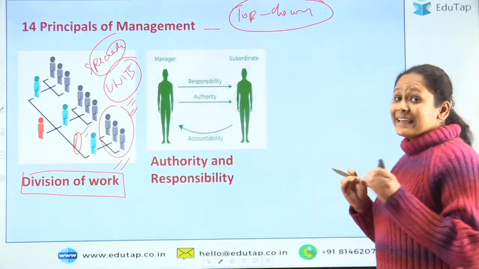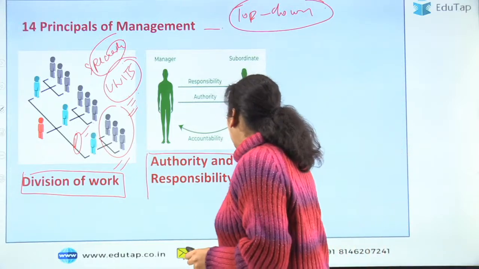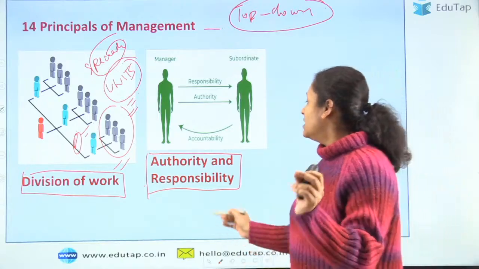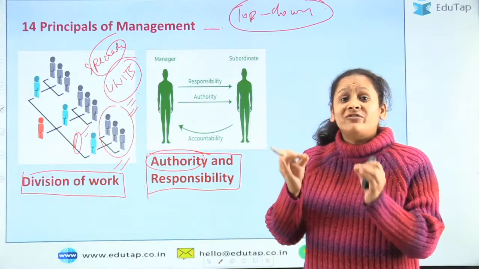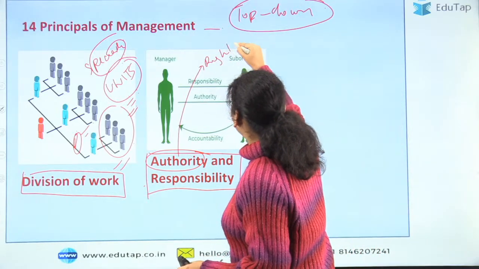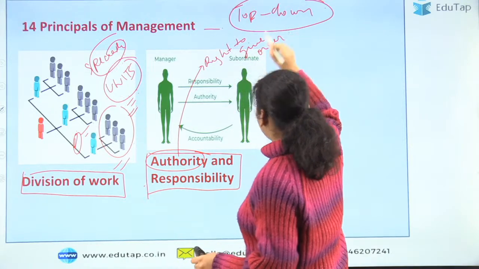Now, the second principle which Henry Fayol gave was authority and responsibility. What do you mean by authority in general? See, authority is nothing but the right to give orders.